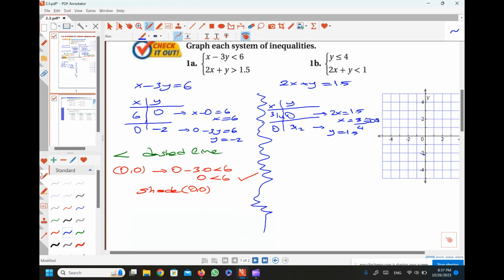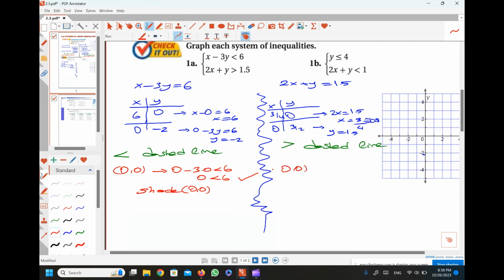And decide the line that you will use. The line that you will use is the dashed line because we have greater than. And finally, you figure out the region that you should shade. We can use a test point (0, 0).